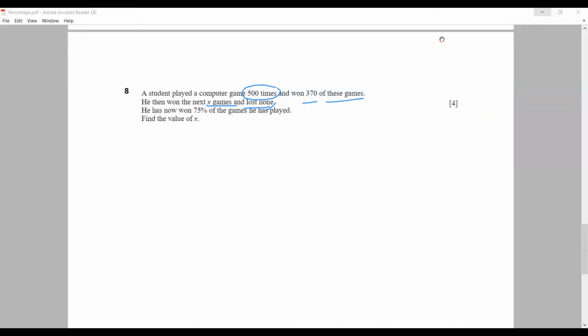Well, let's start with finding the number of games that he has won in total, meaning finding it in the form of an expression, right? So we know that he won 370 times here, so 370, and we know he won X times here, so plus X. So this is the total number of times that he won the games, right?